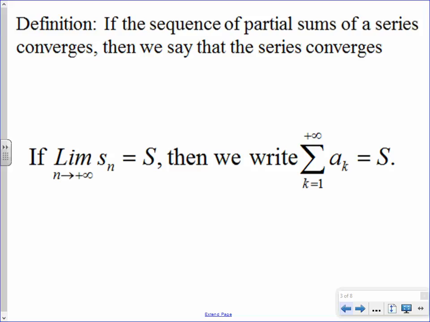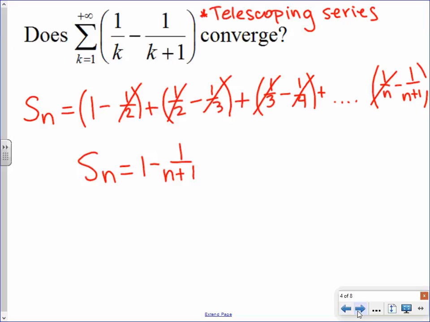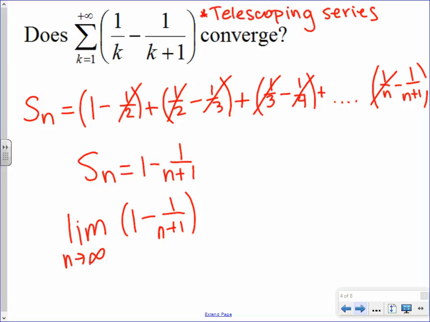So, if we take the limit as n approaches infinity of 1 minus 1 over n plus 1, if we have 1 over n plus 1 as we go to infinity, we know that that is going to go to 0. So our limit is 1.